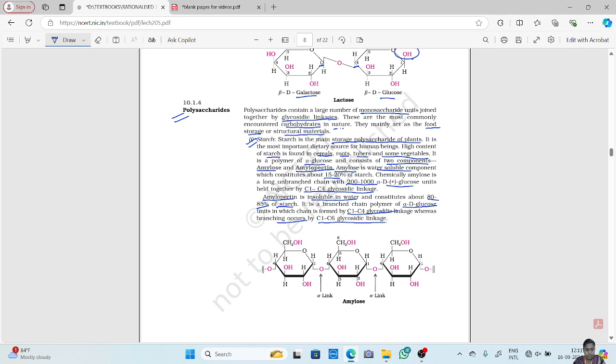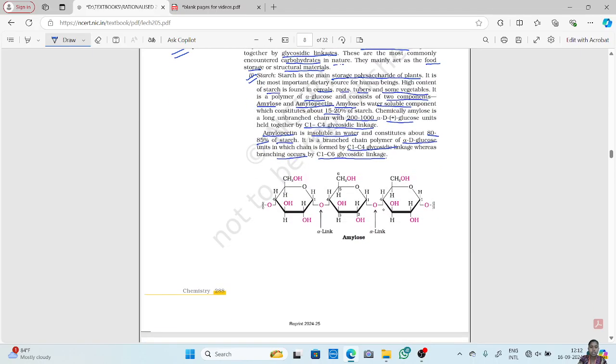So it has a straight chain, and also it has a branched chain.